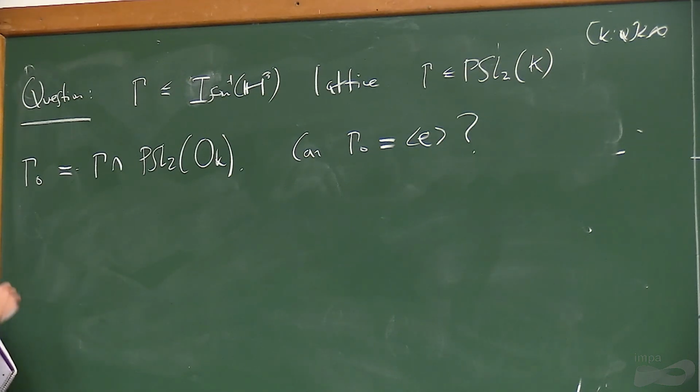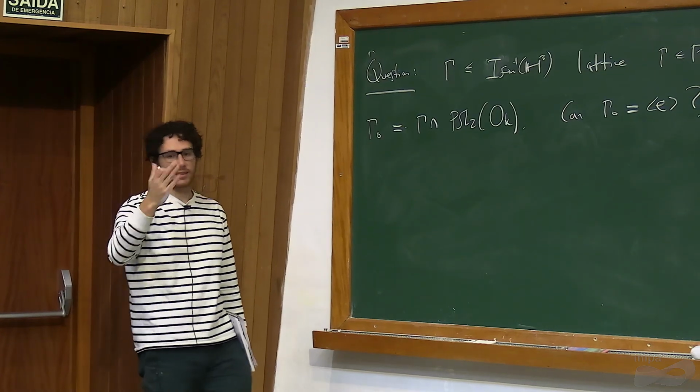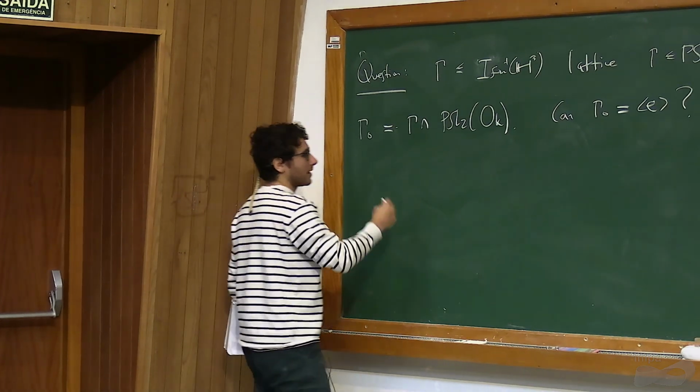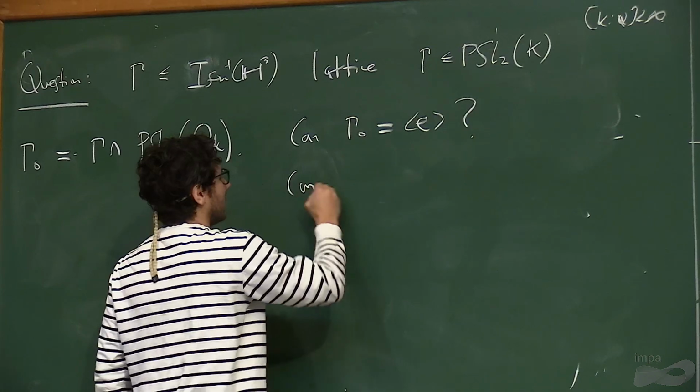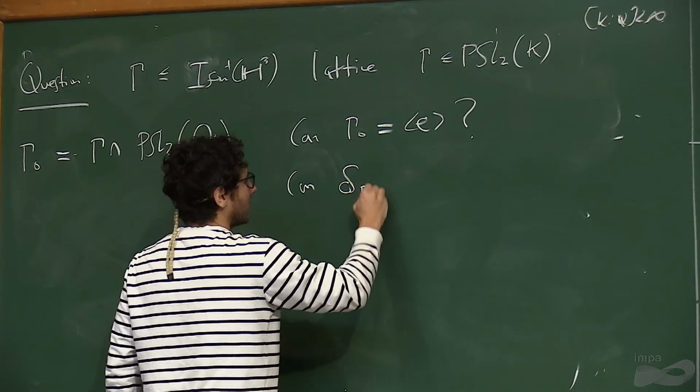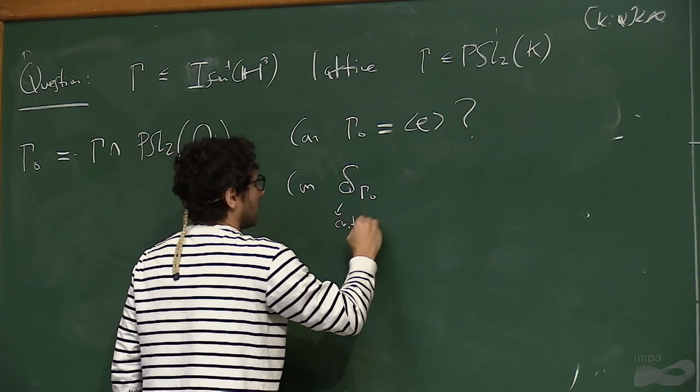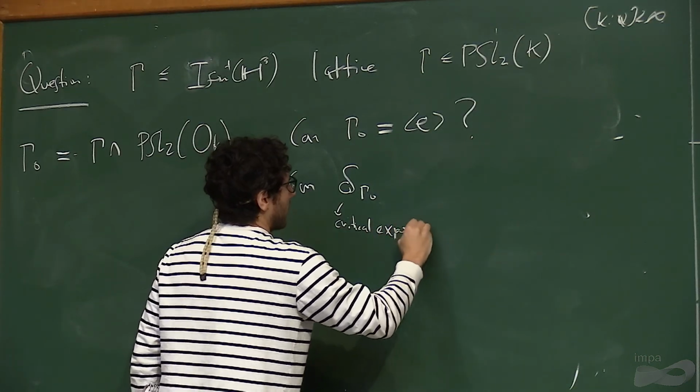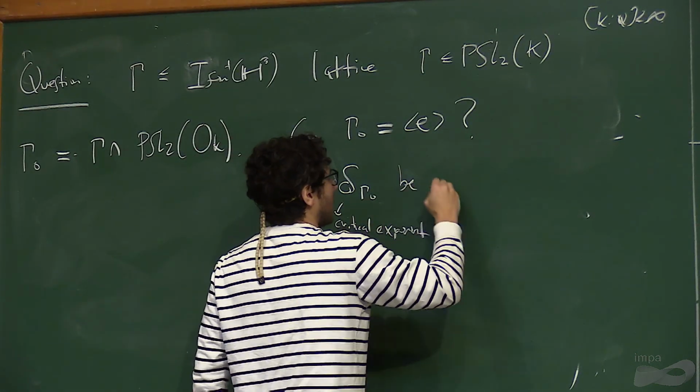There is this notion of the critical exponent of a group in PSL2(R) or PSL2(C), which measures how many elements you have in a ball of radius n in hyperbolic space. If this is of the order of e to the delta n, this delta is the critical exponent. Or you can ask whether delta, the critical exponent, can be arbitrarily small.